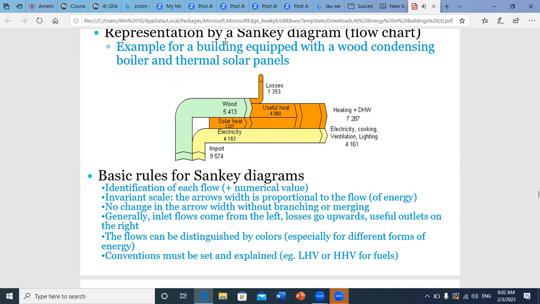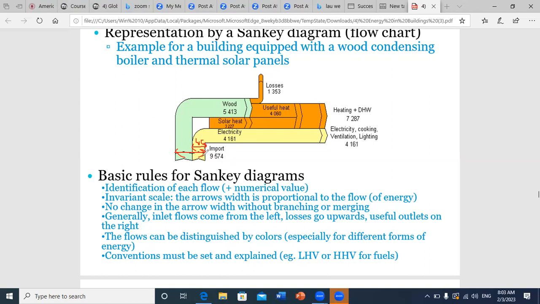Let's say this represents a total value of 9,574. If you measure this portion, it should be maybe 40%. It seems 40% of 9,574, etc.